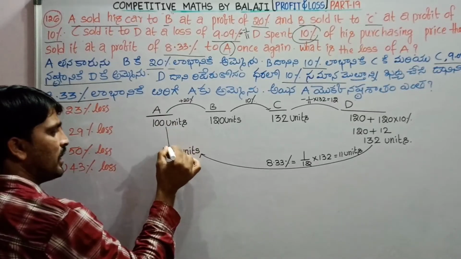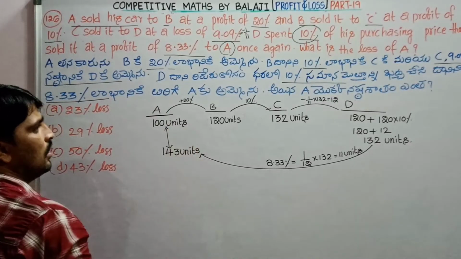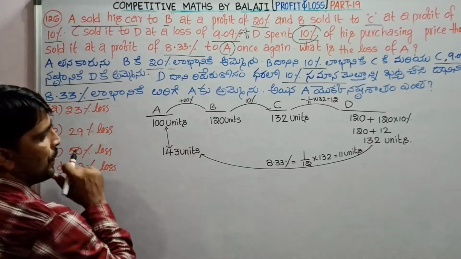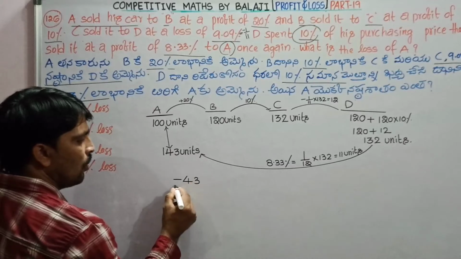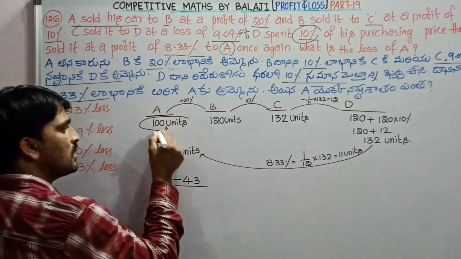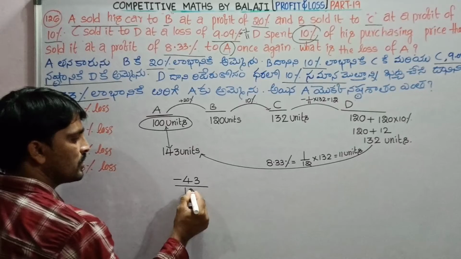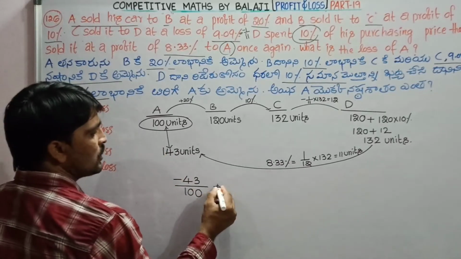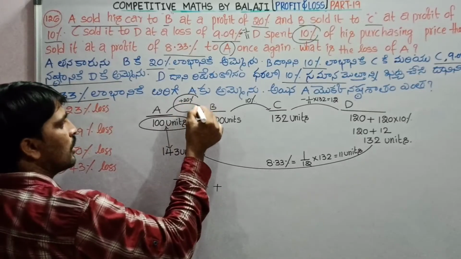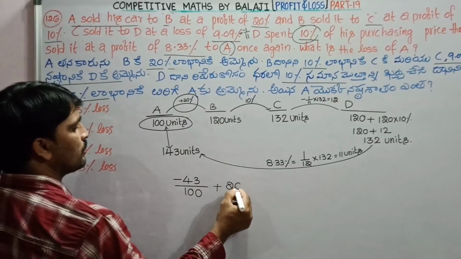Now see the difference. We have to find the loss incurred by A. The loss incurred is 43 units over the actual cost price of A, which is 100 units. And also, in the initial case, A gets a 20% profit.